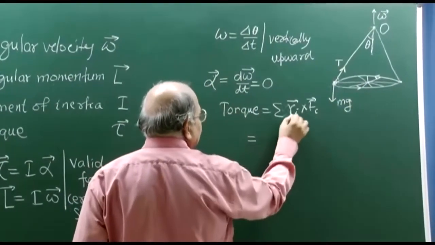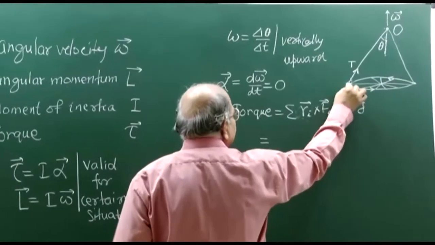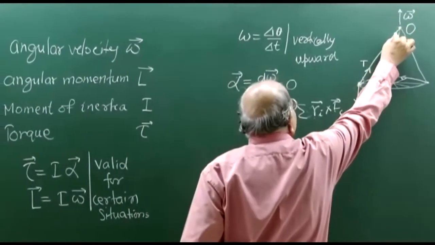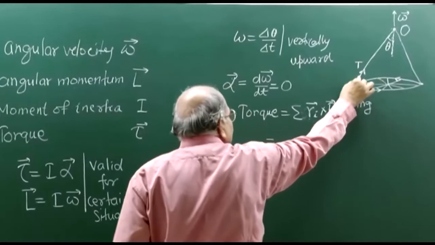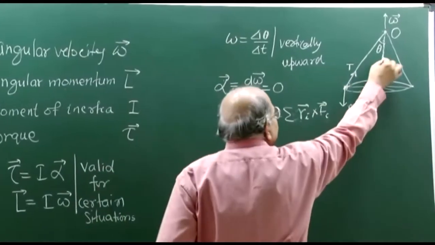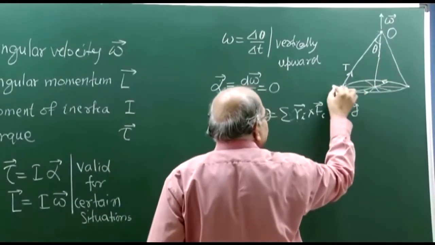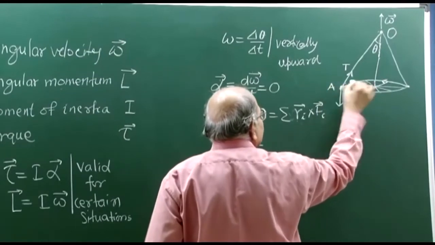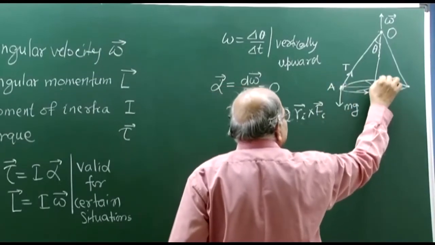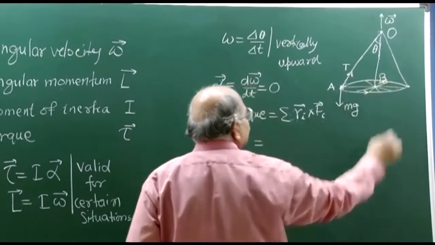So, torque of this tension is 0, torque of mg you have to write. This is r, this is the r vector. Let me call this point A and this point B, the center of the circle.